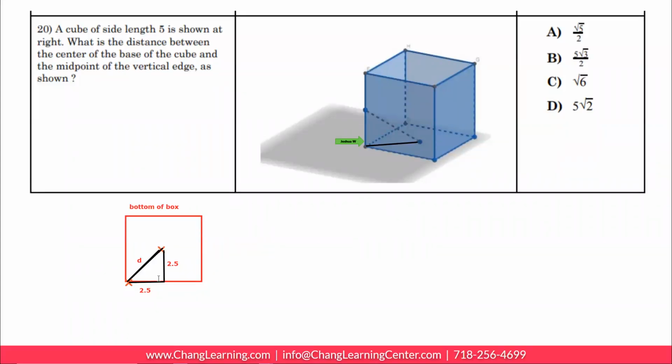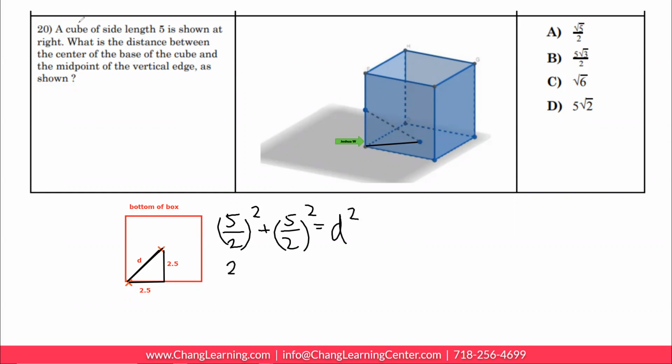So using the Pythagorean theorem, we have 2.5 squared plus 2.5 squared equals d squared. But I'm going to leave it as a fraction just so you can see that sometimes it is easier to work with the fractions.